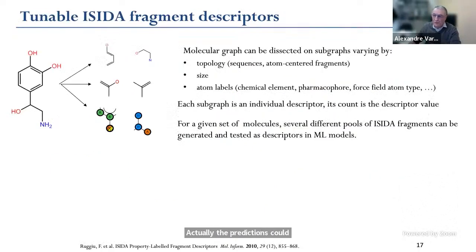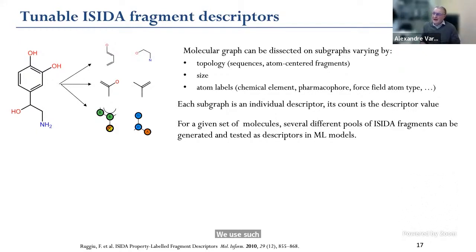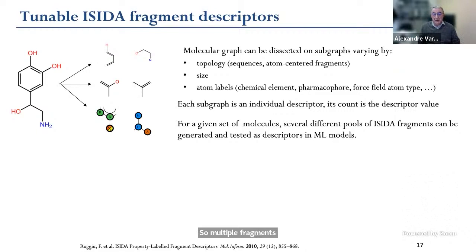Okay, now a few words about molecular descriptors, because predictive performance of the model depends on molecular descriptors. We used so-called ISIDA fragment descriptors developed in the lab, and they represent subgraphs of the molecular graph, so molecular fragments, which vary by their topology. It could be atom and bond sequences or atom-centered fragments.